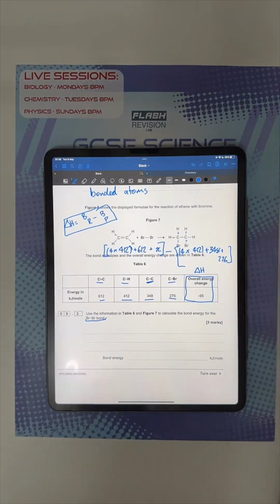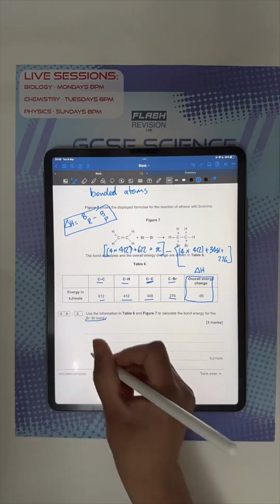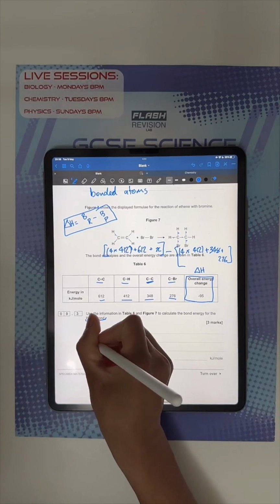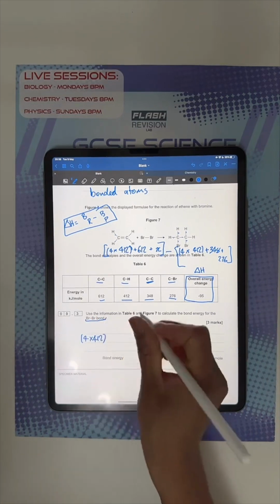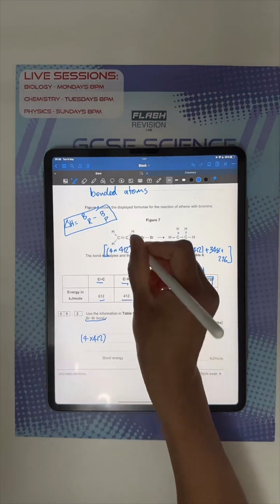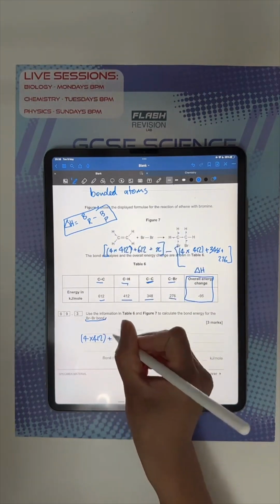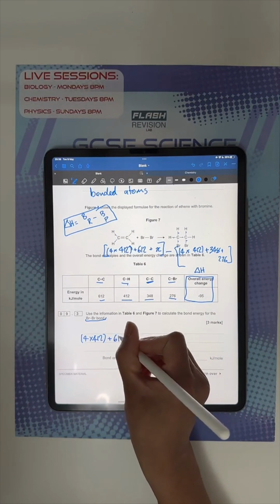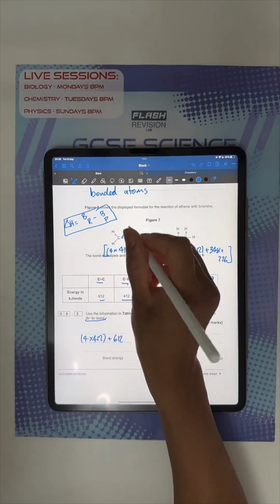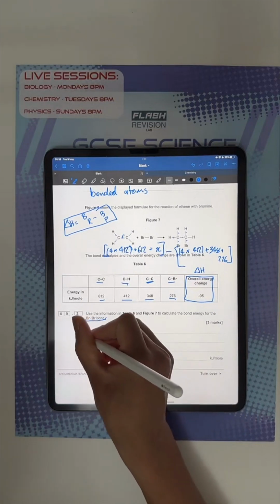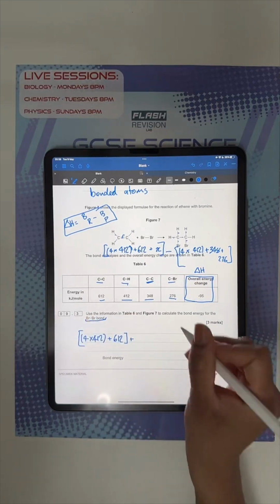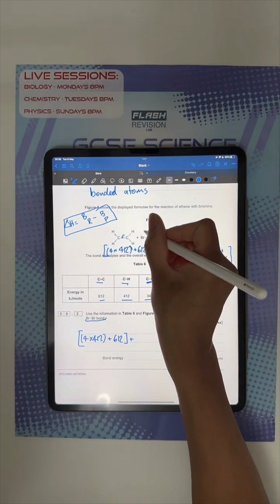So can you guys try and work that out? Let me rewrite this down here. So I'll say it again. 4 times 412, because there's 4 CH bonds here, plus 612, because there's 1 C double bond here in the middle, plus X, because this is what we're trying to find out.